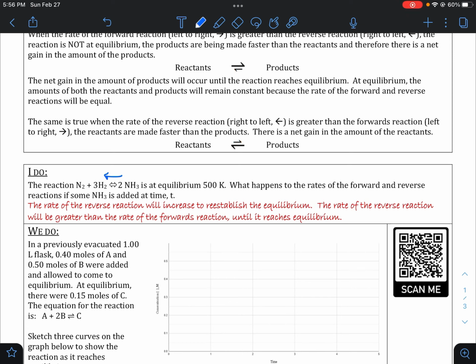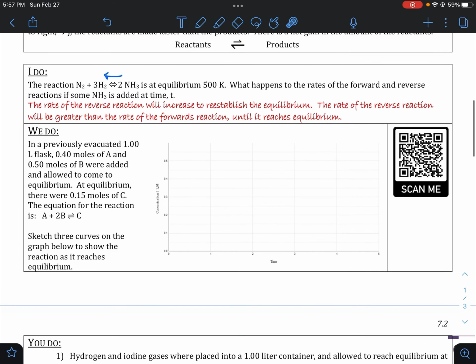So the rate of the reverse will be greater than that of the forward until we reach equilibrium. Because we added more of this than we were supposed to, so we've got to push it back that way. Again, as always, watch the We Do problems, please and thank you.